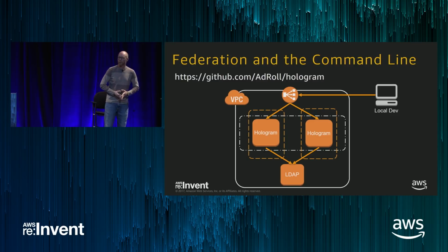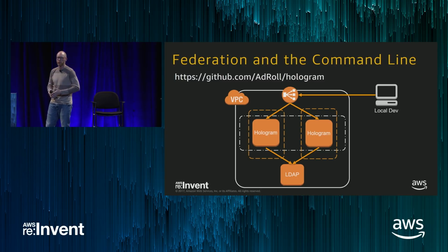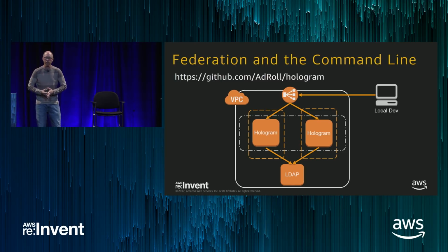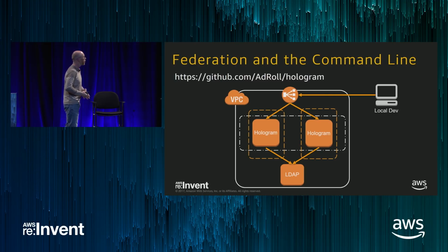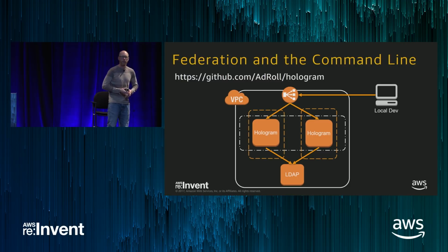And if anybody's familiar with the EC2 metadata service, that 169.254 IP endpoint, that gives you a lot of information around your EC2 instance, but also helps to vend temporary credentials for IAM roles that are tied to an EC2 instance. With Hologram, what happens is that the Hologram service runs inside your AWS account, and it simulates that EC2 metadata service.